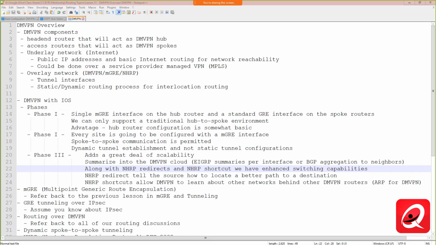The next hop server and the next hop clients. We only require basically just general IP connectivity to form the network.